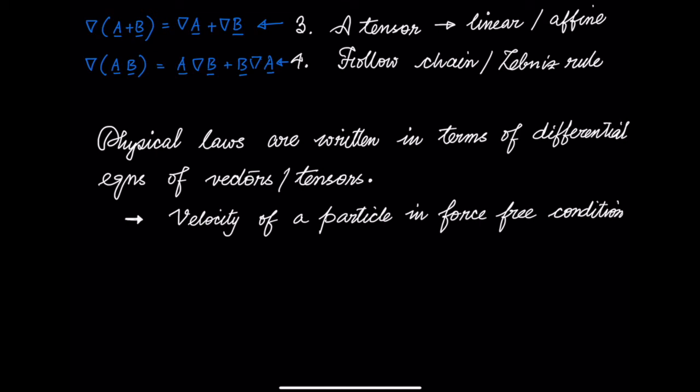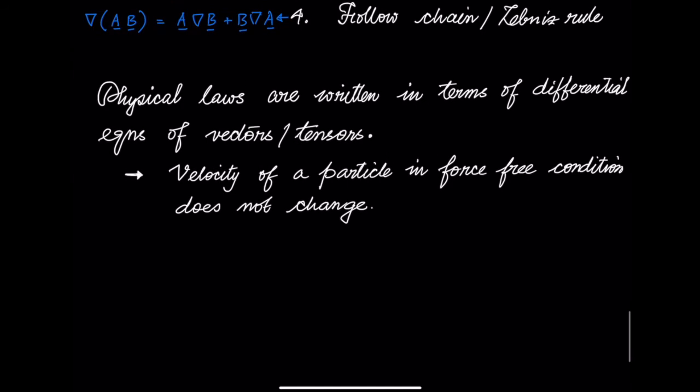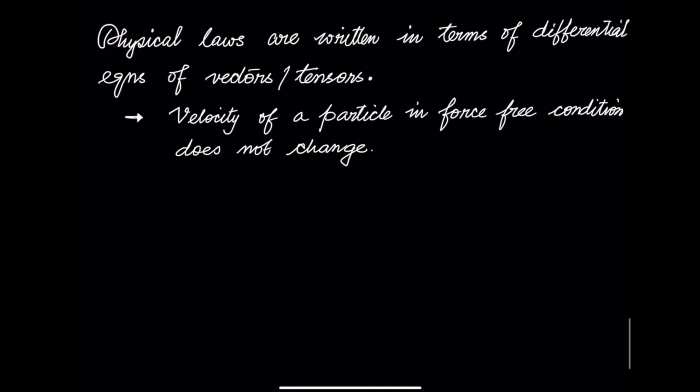So how does it change? It doesn't change. That's Newton's first law, or rather second law if you wish. So that's where we compare vectors as it moves along a curve, right?